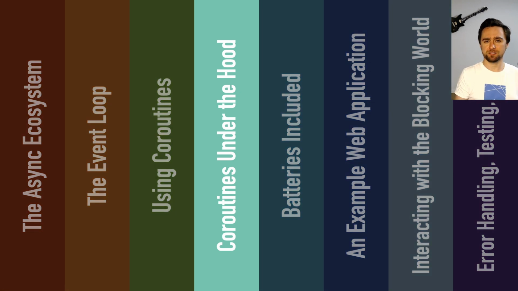It's been a while since the last episode, so we'll make up for that by explaining how coroutines are implemented under the hood. We'll see how tasks and futures build on them, and we'll spend quite a bit of time on the future objects in particular.